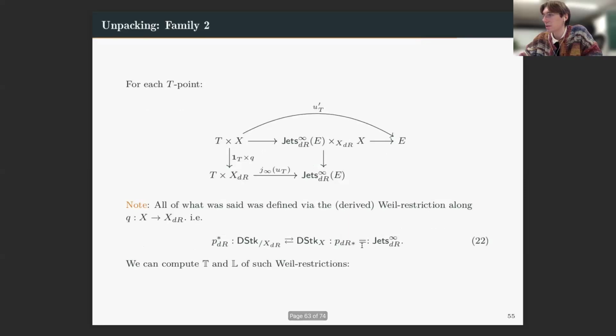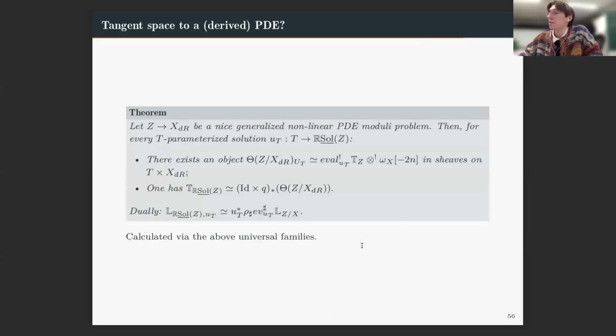And so to conclude, I want to just emphasize that the secondary philosophy, in fact, fits in perfectly because when you have such a cotangent complex of Z relative to X_dR, by the functorialities relative to X_dR of our sheaves, when you pull it back, you have this nice relation as sort of in the mapping space one.